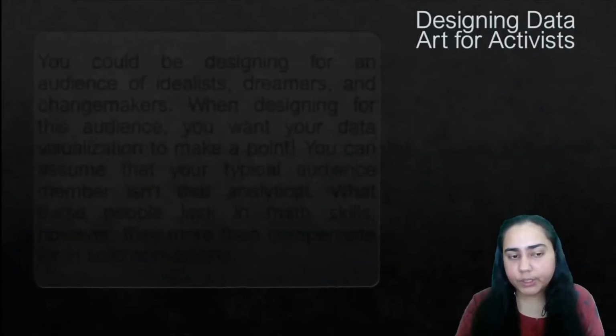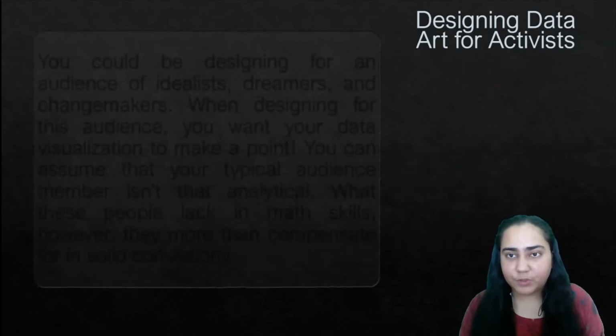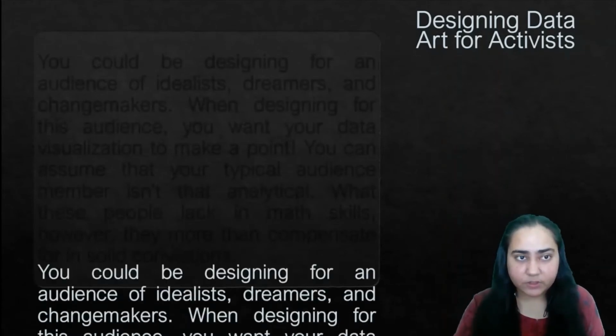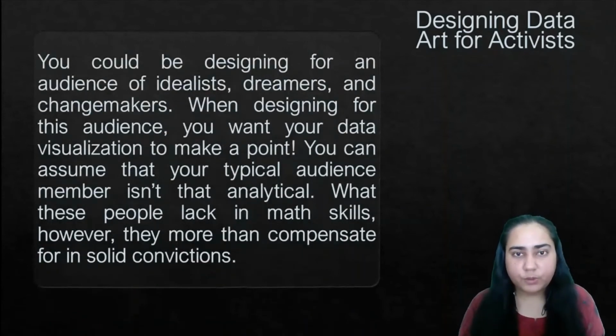Now, the third type of visualization is designing data art for activists. You could be designing for an audience of idealists, dreamers, and change makers. When designing for this type of audience, you want your data visualization to make a point.